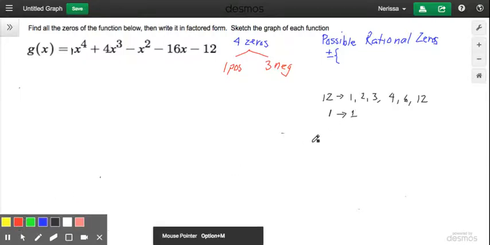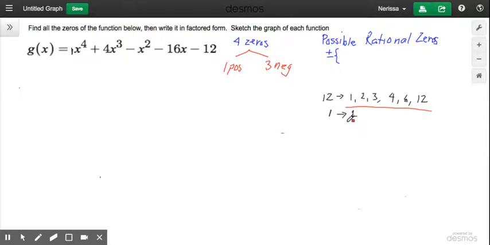So now we are going to divide the factors of 12 by the factors of 1. And so we'll just have 1 divided by 1 is 1. So we'll list that. 2 divided by 1 is 2. 3 divided by 1 is 3. And so our list will just be like this: 1, 2, 3, 4, 6, 12.